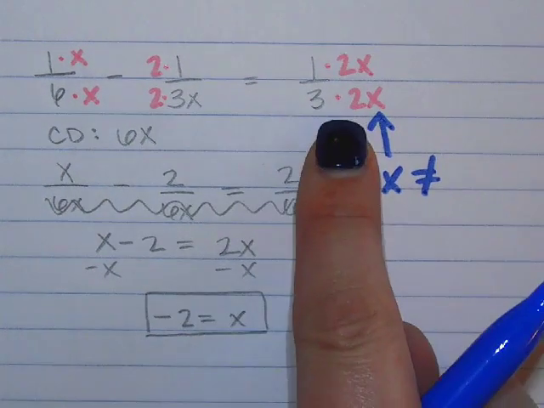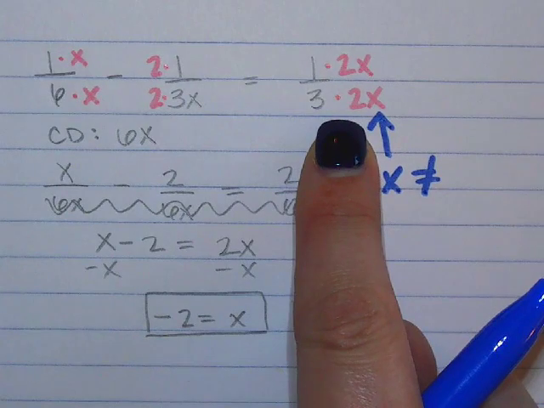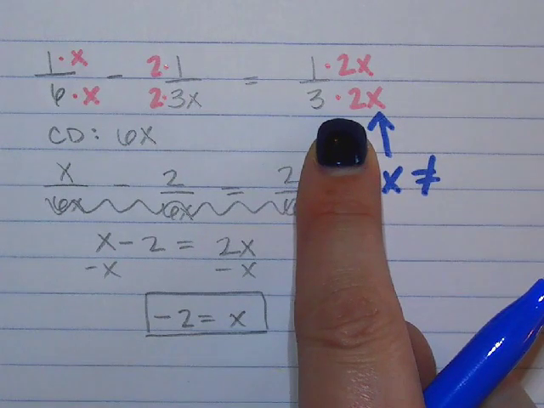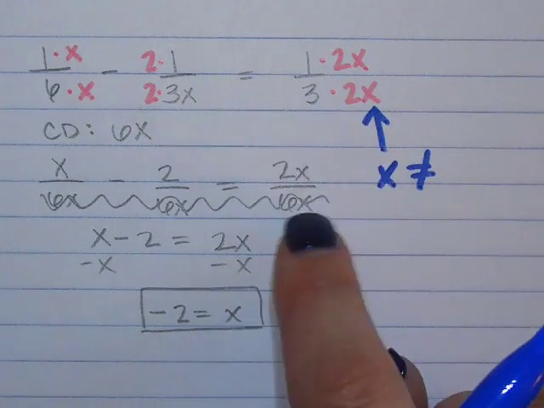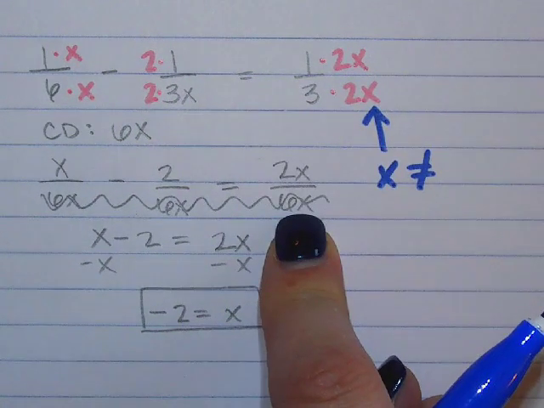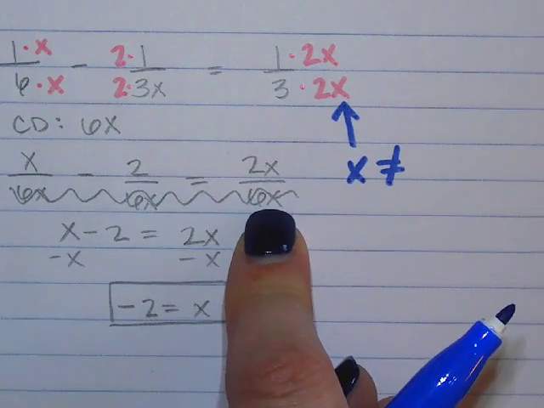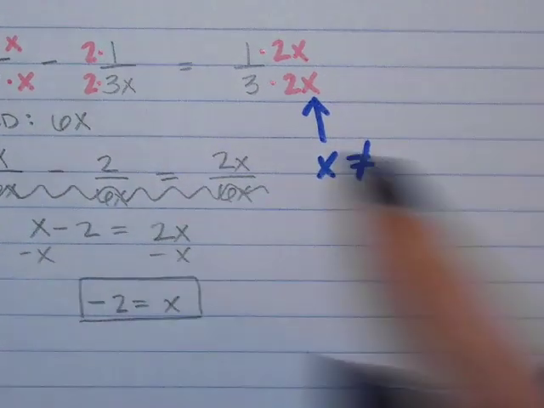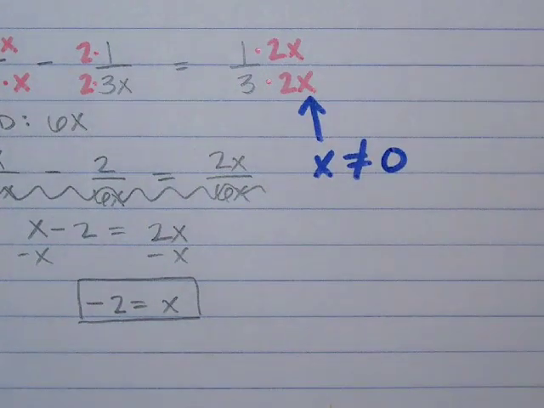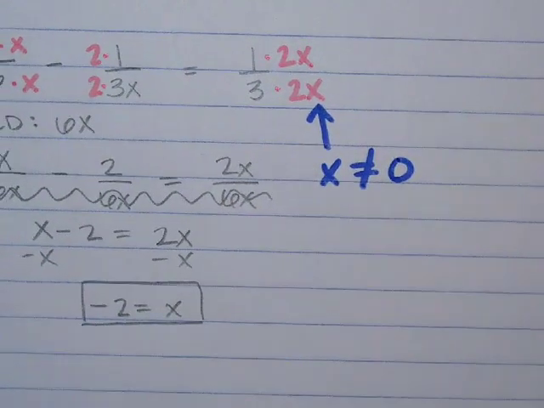So what would the excluded value be of a denominator that is 6x? It's a monomial, right? It's just one thing. And the excluded value, whenever you just have the one thing, is always 0. Yep, can't have 0. And since our answer wasn't 0, we're totally fine. So that's a good answer.